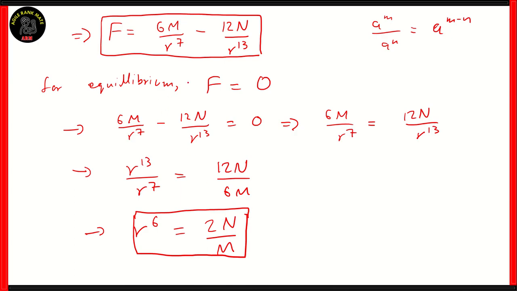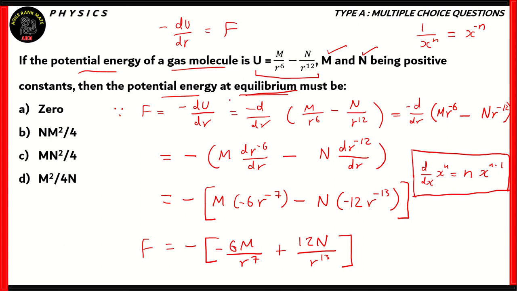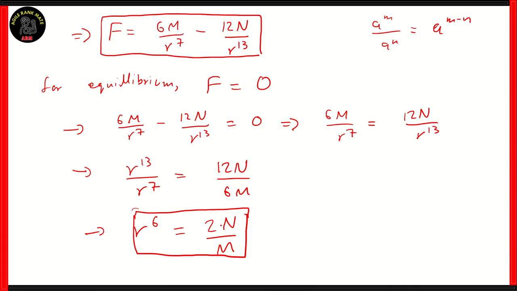So we know the formula for force is 6m by r raised to 7 minus 12n by r raised to 13. Our original formula is m by r raised to 6 minus n by r raised to 12. And we know that r raised to 6 has a value of 2n over m at equilibrium.